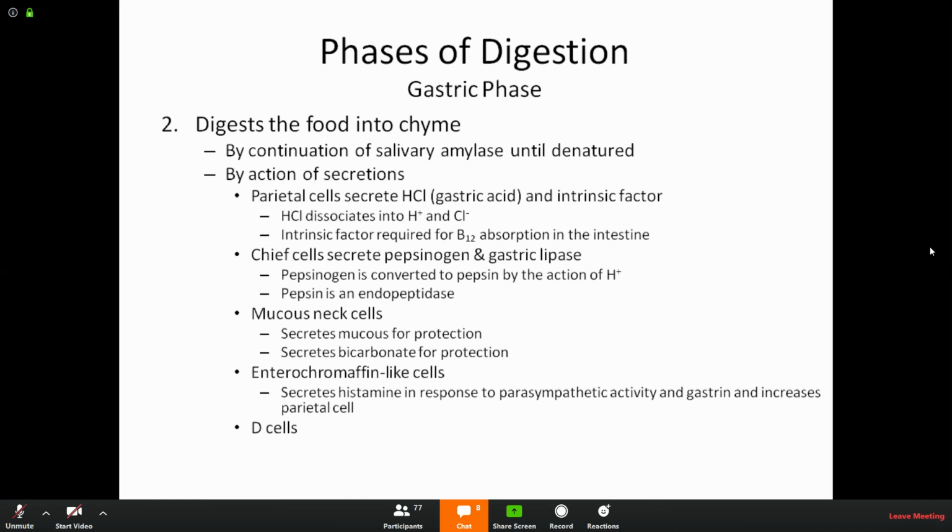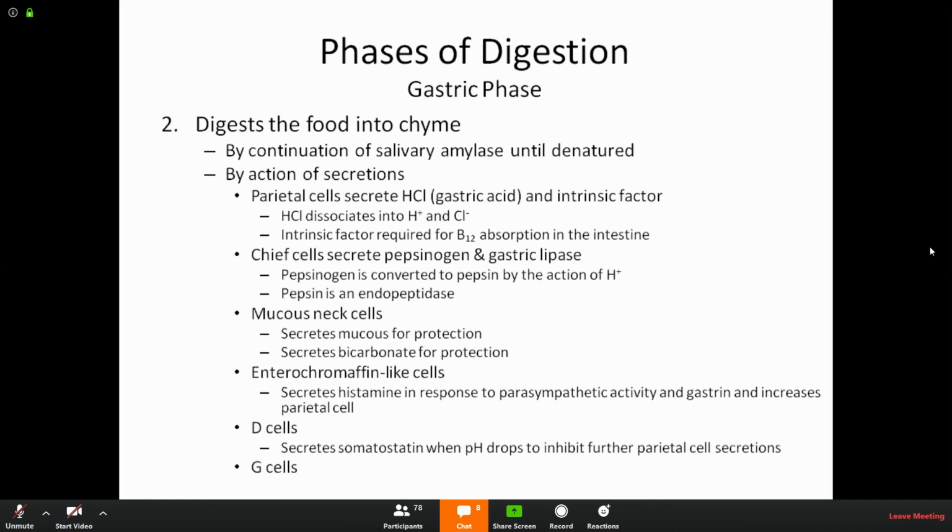Somatostatin helps in inhibition of secretion of all types of glands: the parietal cells, the chief cells, the mucous neck cells and the enterochromaffin cells. These cells secrete somatostatin when pH drops to inhibit further parietal cell secretion.